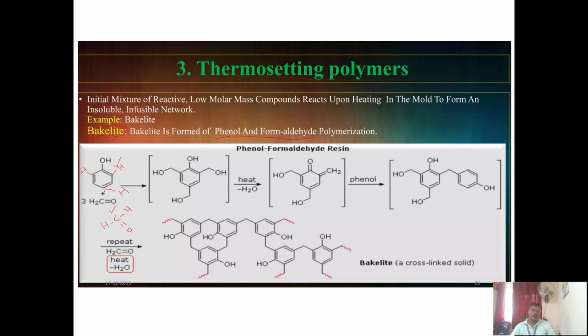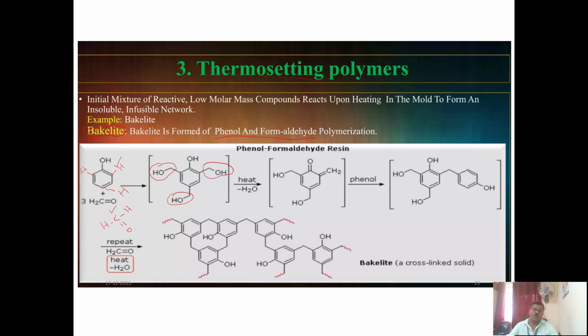It will be one bond at this side, CH2OH. That's what we see here. One bond, CH2OH. Similarly, if that reaction takes place at the ortho sides, this is the para one, here we get the CH2OH group at the ortho position, and here we get the CH2OH group at the ortho position.